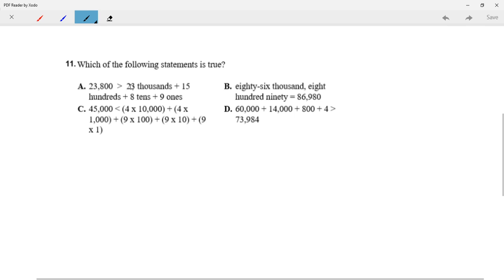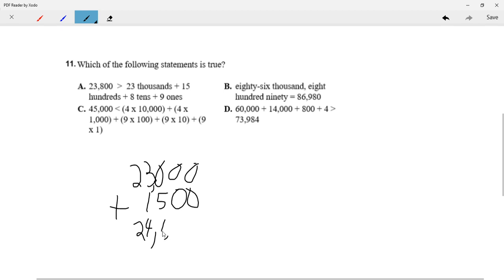Now, 23 thousands is 23,000, and then plus 1500s. 1500s would be 1,500, so this would be at least 24,500.